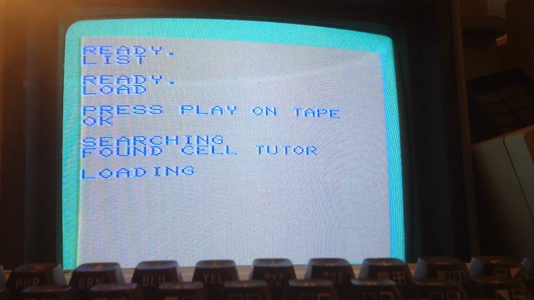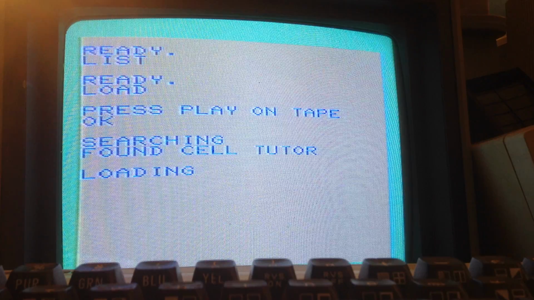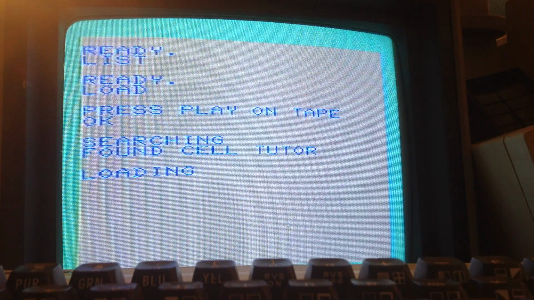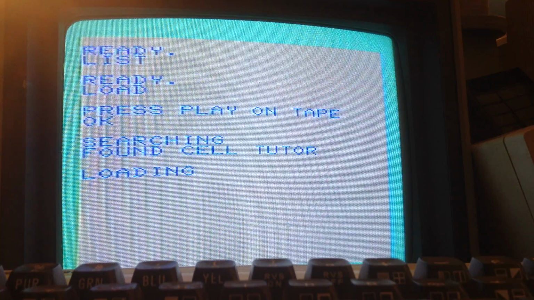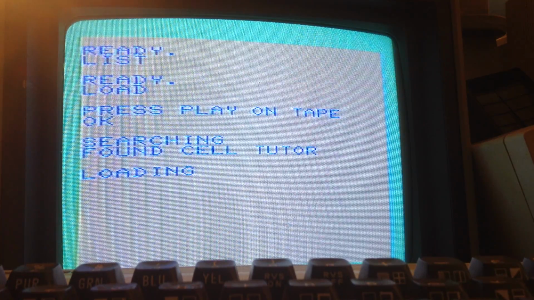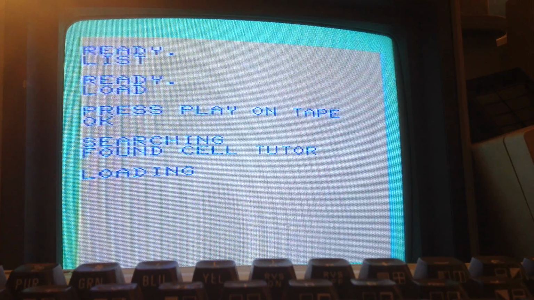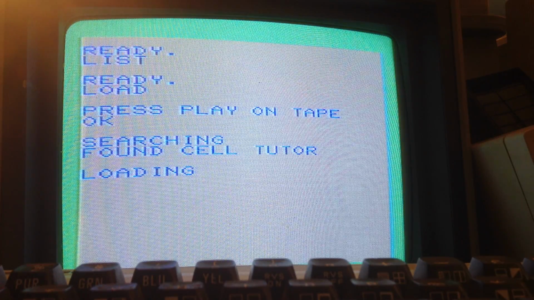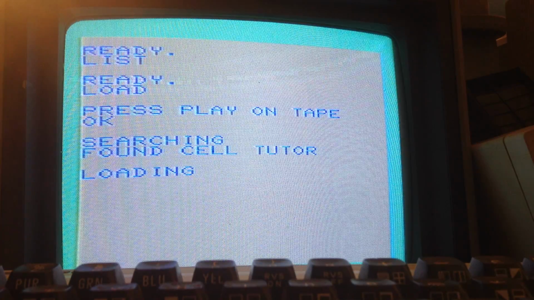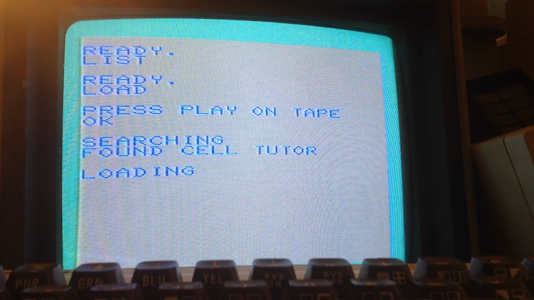So this is going on, and I have a feeling this tape is going to stop and go pop, and it's not going to load, which is too bad, because I would like to think that as the packaging looks so good and everything looks so good, it will work.